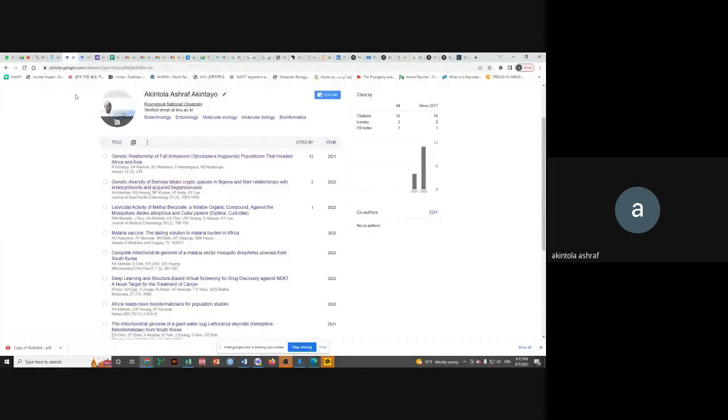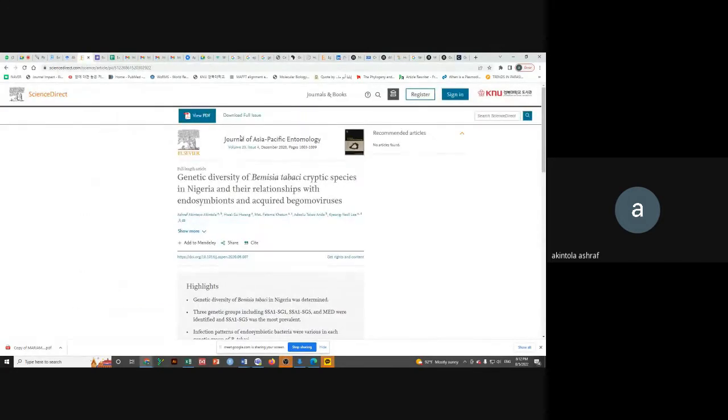The title was Genetic Diversity of Bemisia tabaci Cryptic Species in Nigeria and their relationship with endosymbionts and acquired begomoviruses. So I worked on three different aspects. One is the genetic diversity of the insect itself.